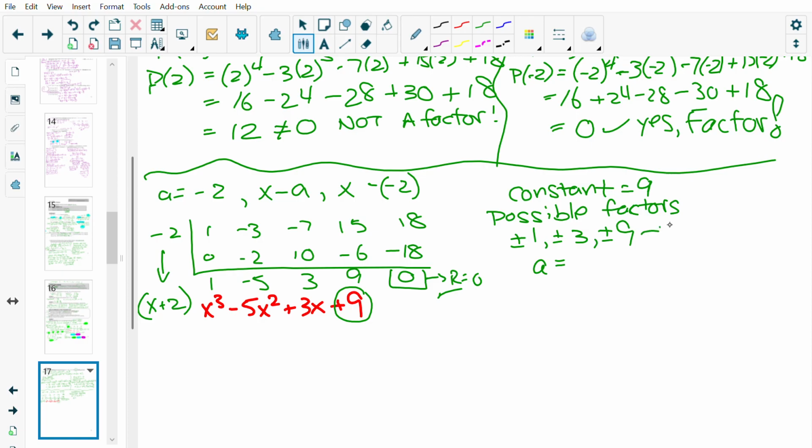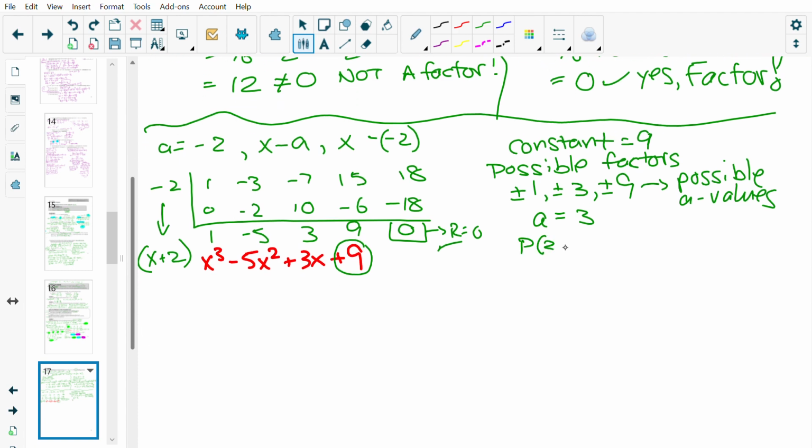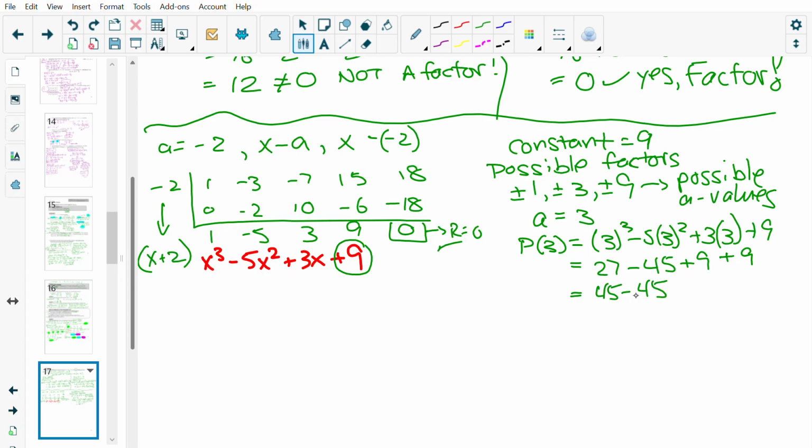I'm going to try a equals 3. Remember, these are possible a values. So P of 3 equals 3 cubed minus 5 times 3 squared plus 3 times 3 plus 9. 9 and 9 is 18, and 27 is 45.